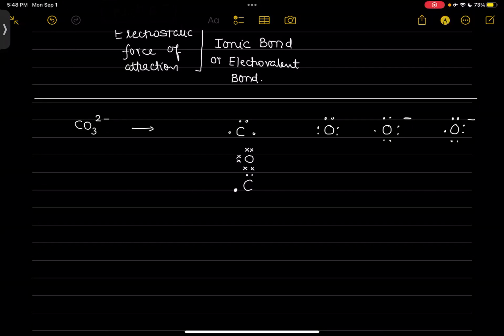And how many more electrons are required by O minus? One more. Yeah, one. So this O minus will share 1 electron with the carbon, 1 electron of the carbon. Got it?